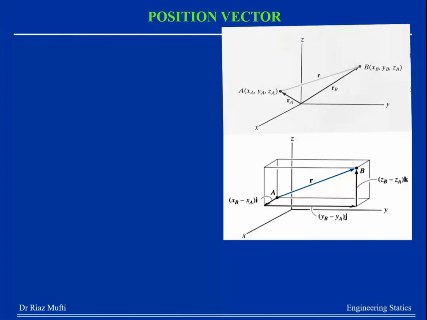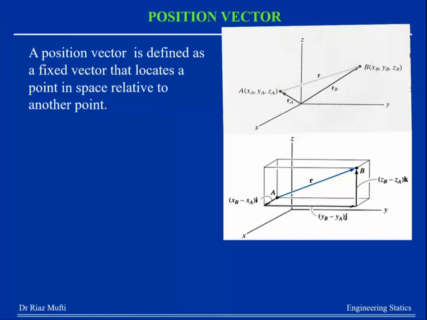Well, it says here, a position vector is defined as a fixed vector that locates a point in space relative to another. I've got a vector here. That's my vector, and it's directed here.